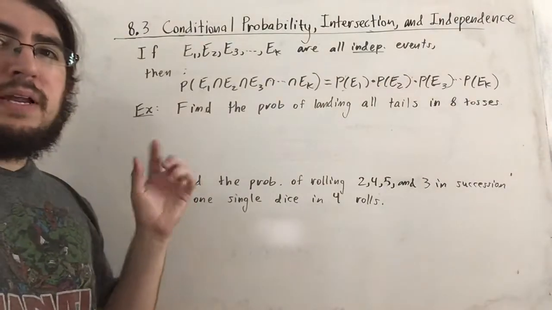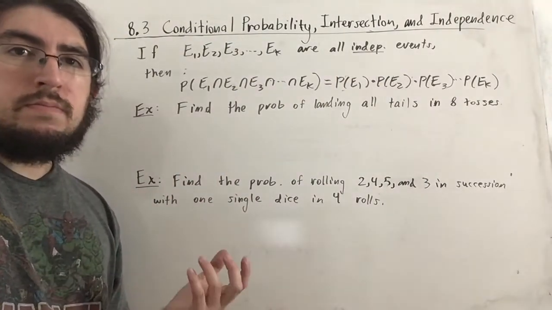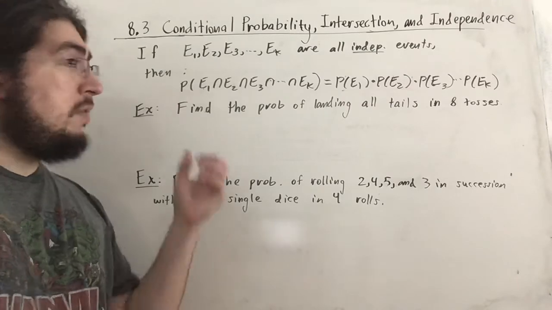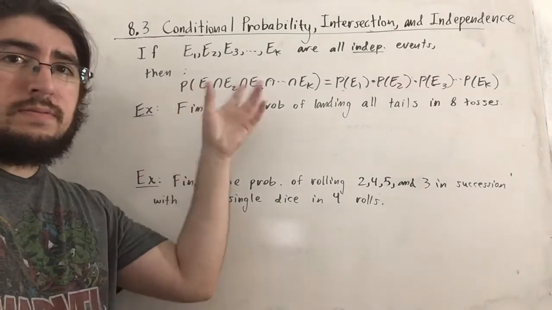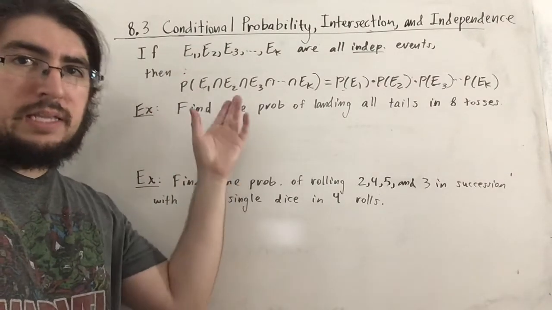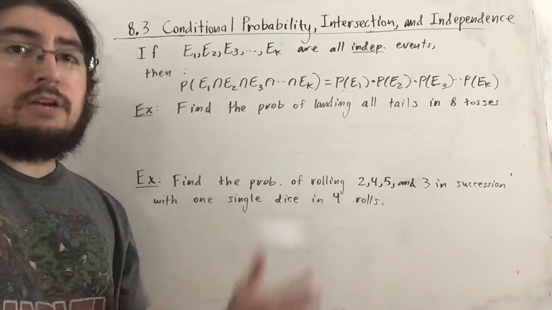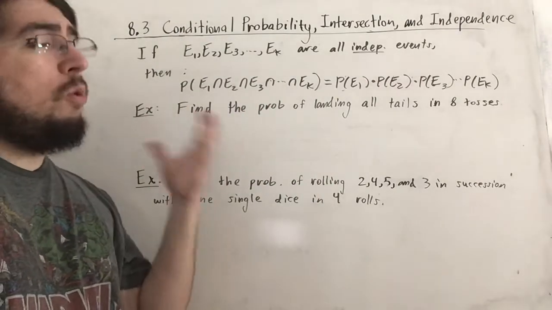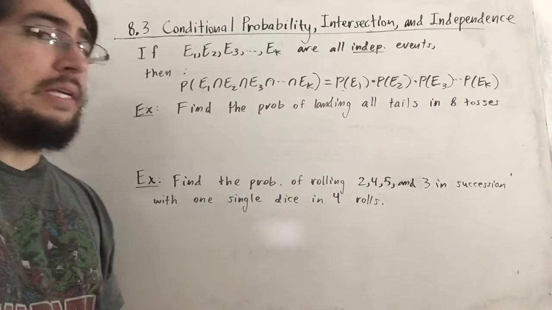So if we can determine that sets are independent, then to find the probability of one and the others, the intersection of all of them, all we really need to do is multiply their probabilities.